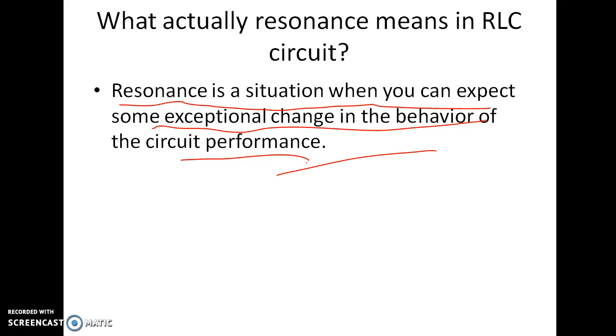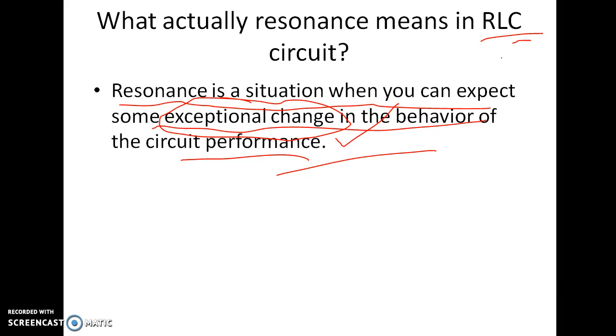What happens is that the voice frequency of the singer and the natural frequency of the glass match, so it breaks. So at resonance, every time some exceptional change is there. So obviously some exceptional change must be there in circuit application of resonance also.